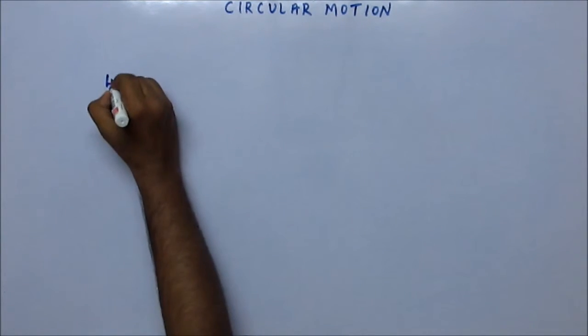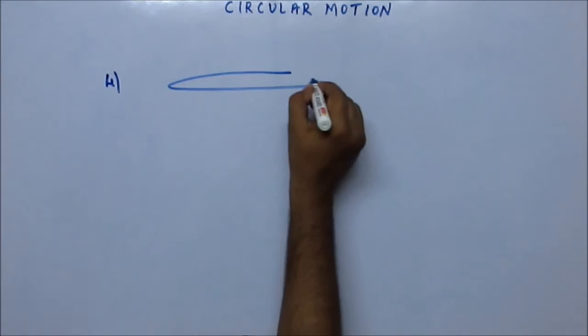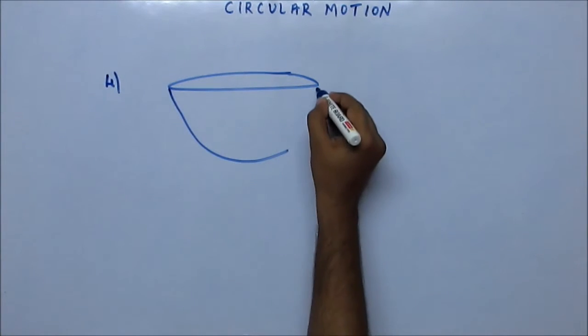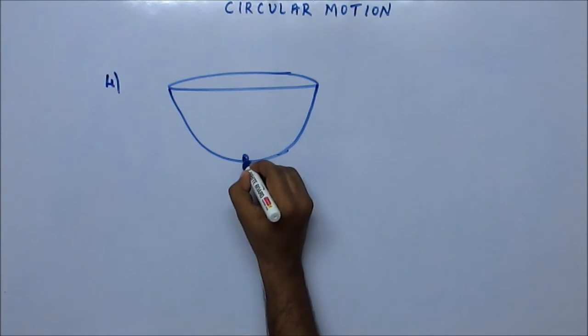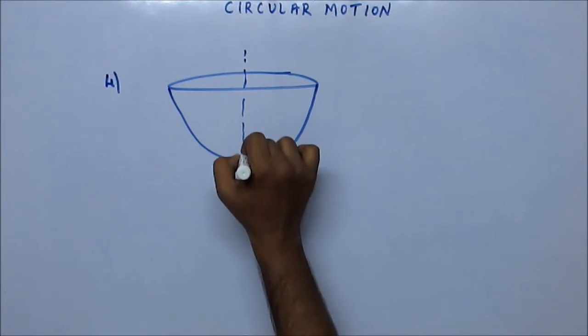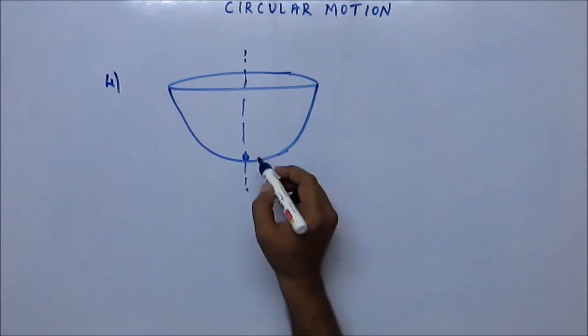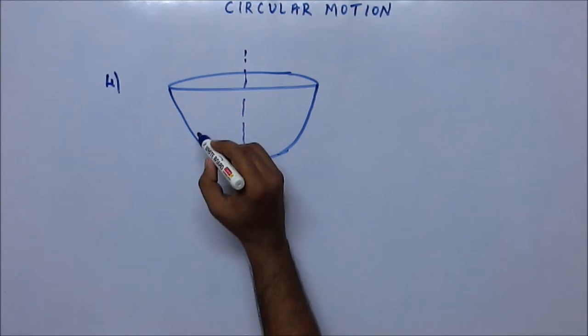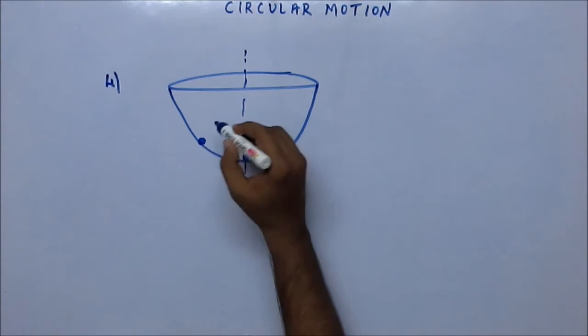Now very quickly, I'll tell you what's happening in this problem. There's a hemispherical bowl and there's a bob kept at the bottom. Now the bowl starts to rotate about its own axis. So the bead also starts to rotate, and obviously it will come up.